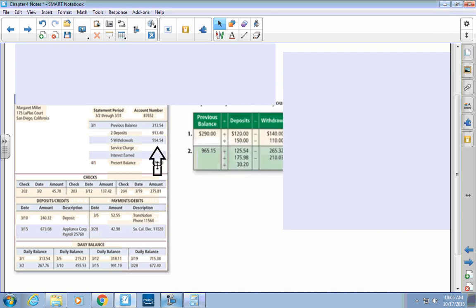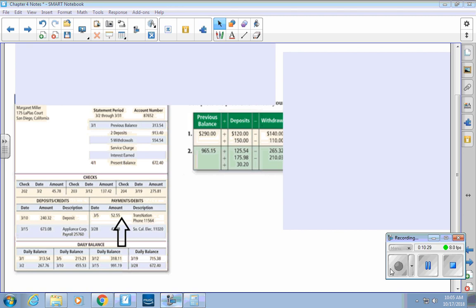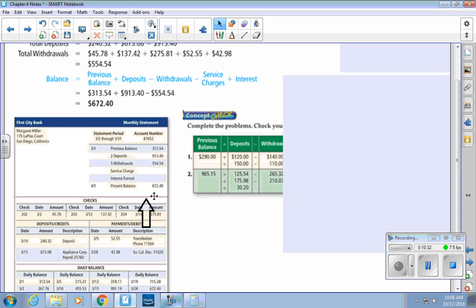So then we're going to take a peek at all of her withdrawals. So we've got the phone, we've got the electric bill, and she actually ends up with 5 different withdrawals that total $554.54.